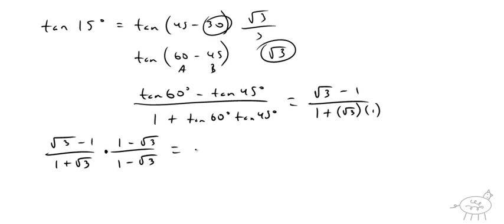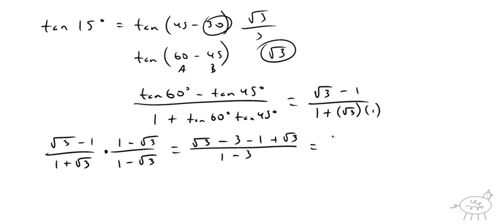Okay, and that gives us, on top we FOIL it, so we get root 3 minus 3 minus 1 plus root 3, all over 1, and the inside and outside cancel, and last gives us minus 3.